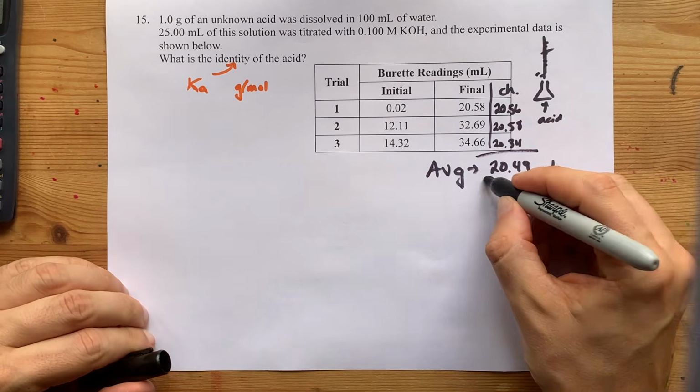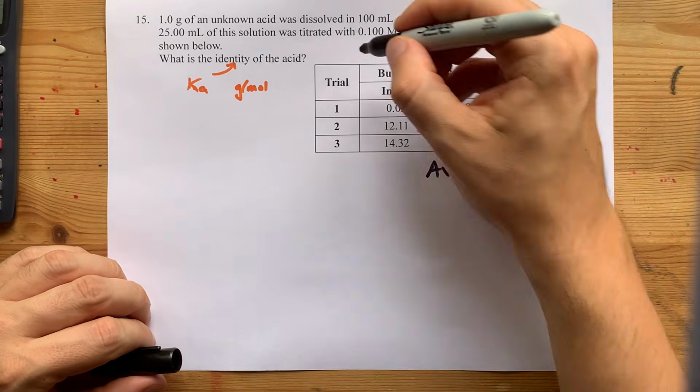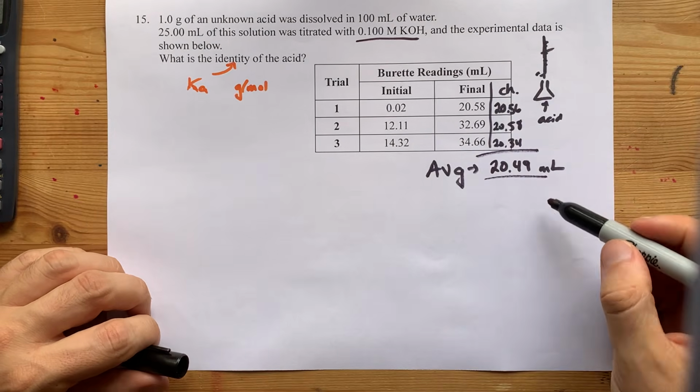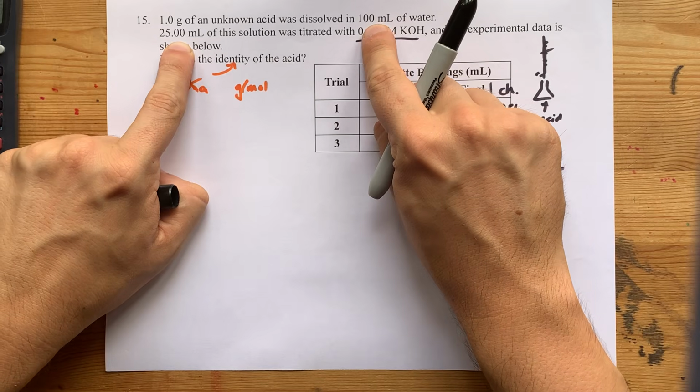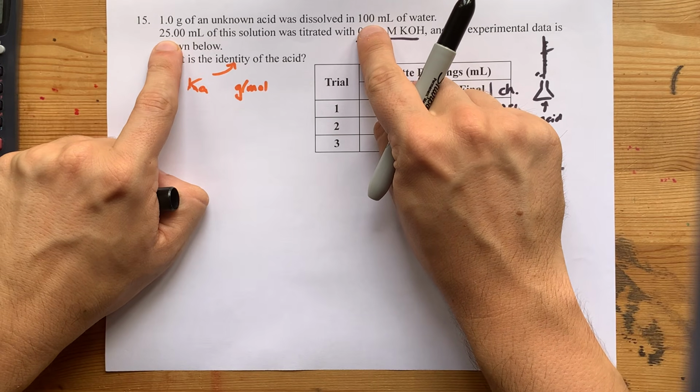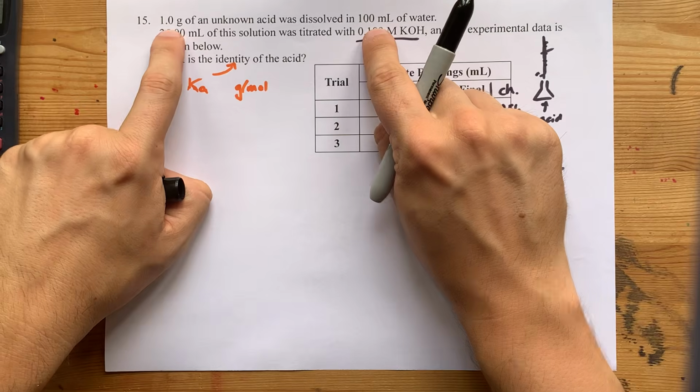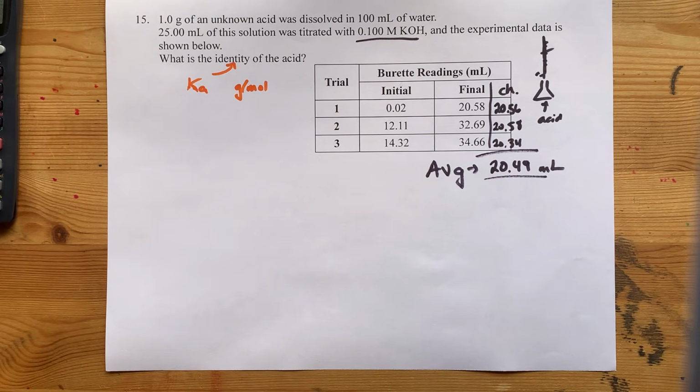Okay, the point is, that's the number of milliliters of KOH that we needed to neutralize 1/4, 25 out of 100, of the original amount of unknown acid. I'll show you the math.